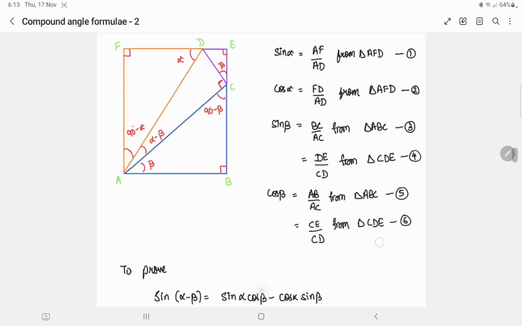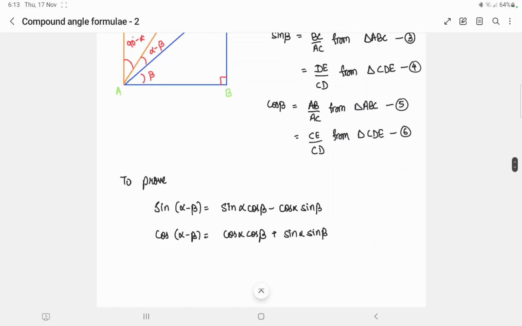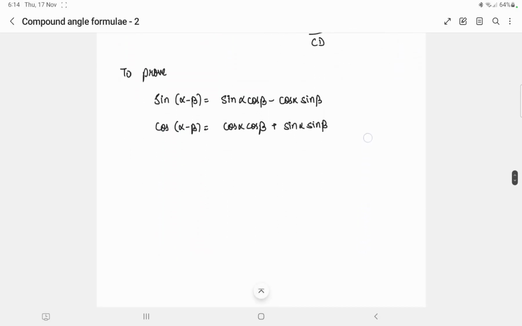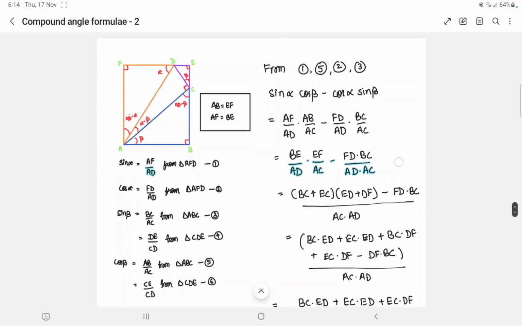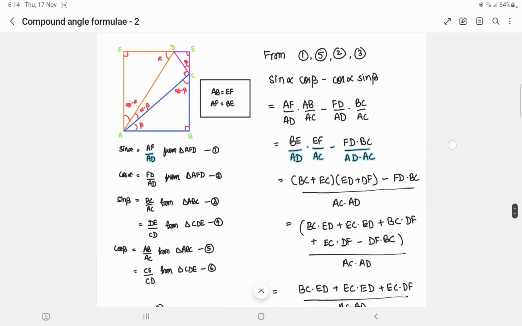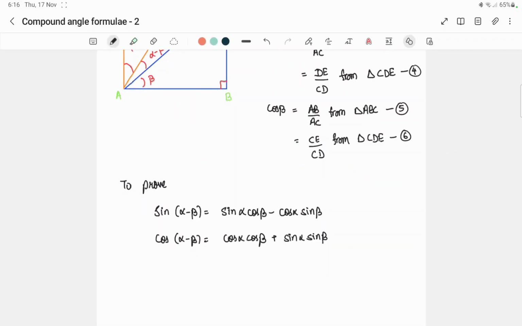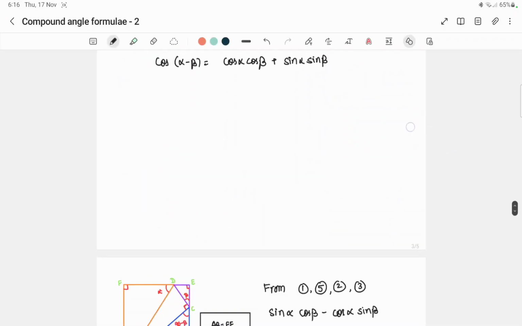Now what do we need to prove? We need to prove that sine of alpha minus beta equals sine alpha cos beta minus cos alpha sin beta. For cos terms, we'll come to it later, but currently just remember this. Now, all we know, we are going to put in one neat little box. Let's look at what all we got from the previous slides.